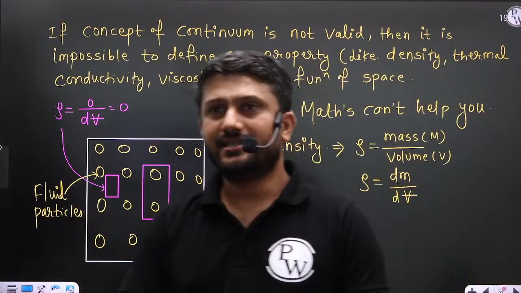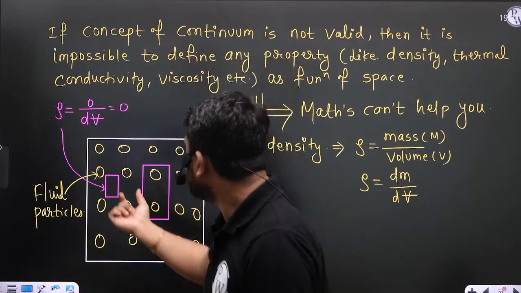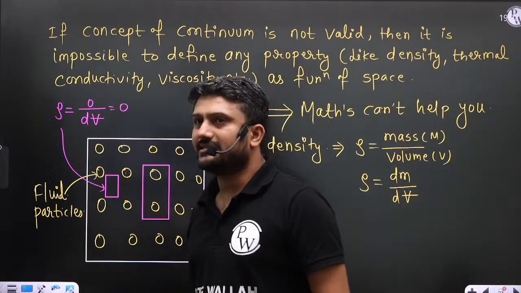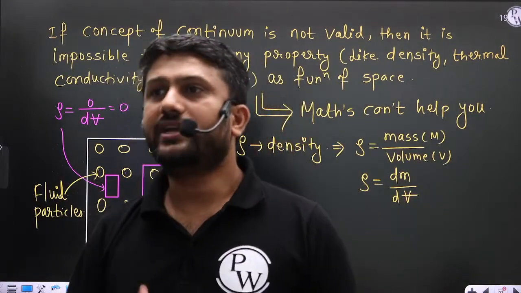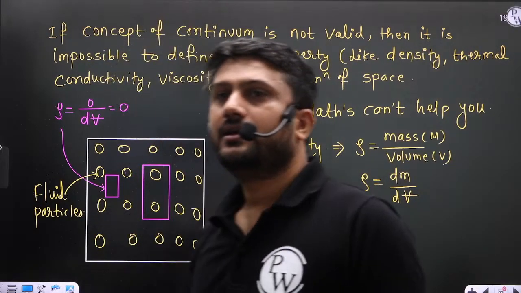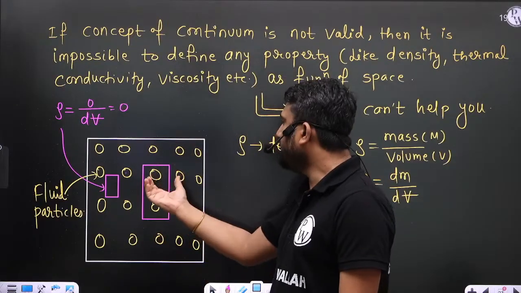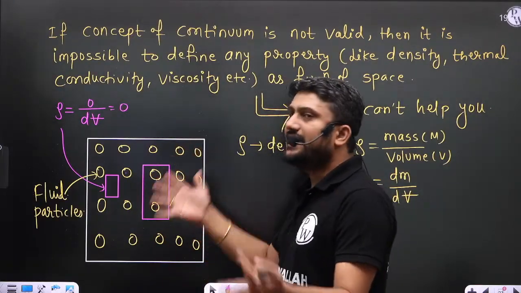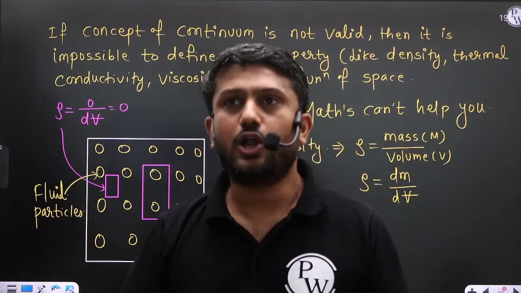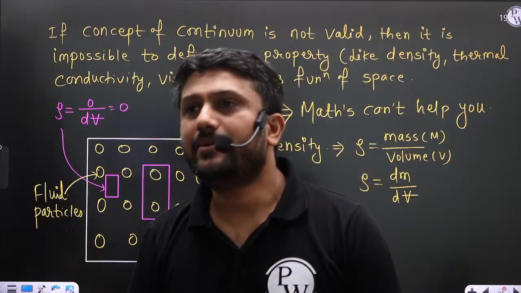If you enlarge the control volume, or the system, then it is possible to define the density. Yes, definitely we are able to define the density if I'm enlarging the small elemental volume size.